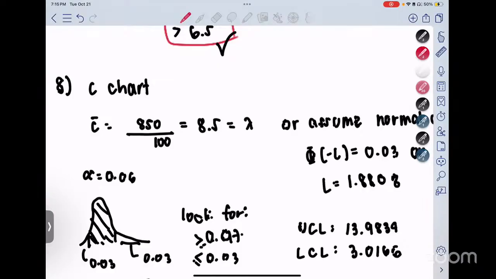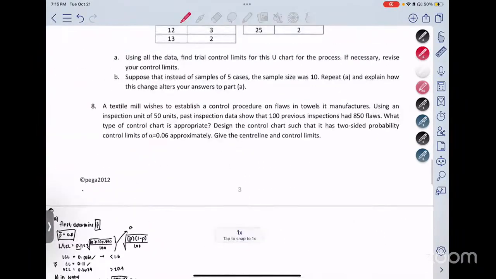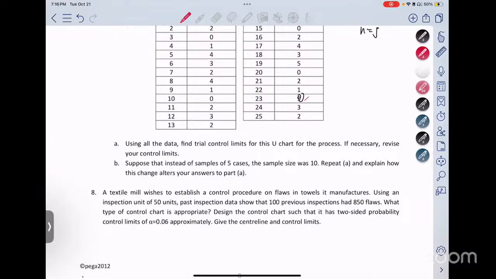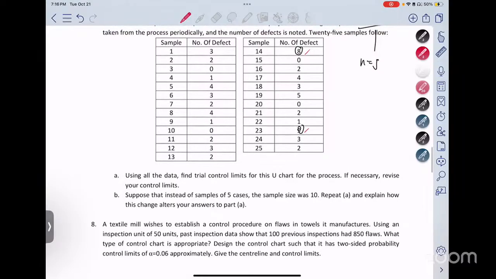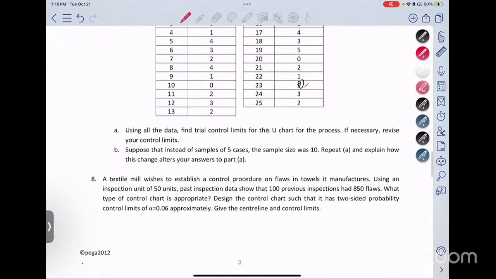Sorry. C chart is the most appropriate one. The reason for that is we are essentially checking. So, una, these are similarly sized. Similar yung inspection unit, and we're looking at non-conformities. So C chart makes the most sense here. So C chart is the answer to this part.